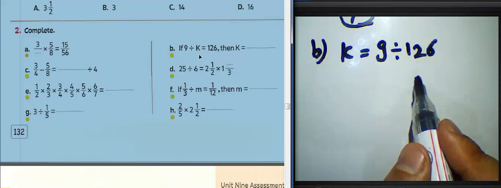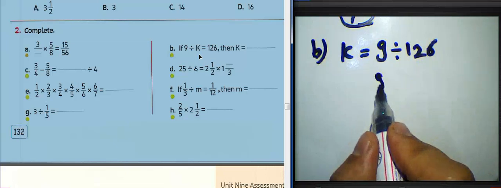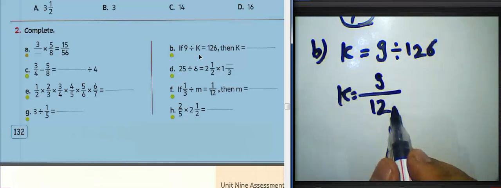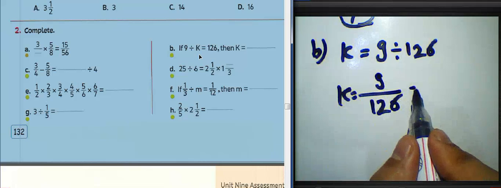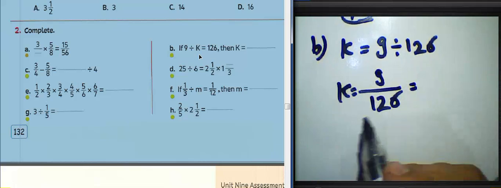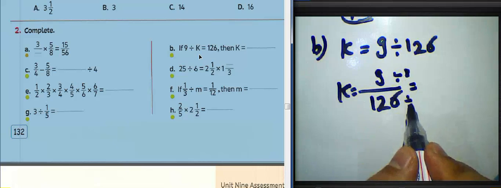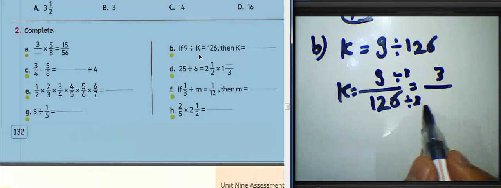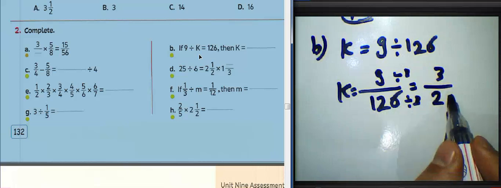Then 126 can divide by 3, so we can simplify it. Right, in the fraction k equals 9 over 126, and then we can simplify it. You can find the result in one step, or you can simplify by dividing by 3 to find the simplest form. 9 divided by 3 equals 3, 12 divided by 3 equals 2, and 6 divided by 3 equals 2.